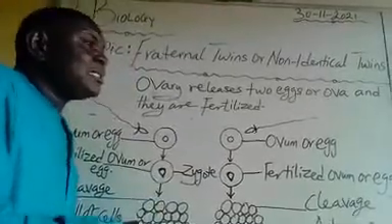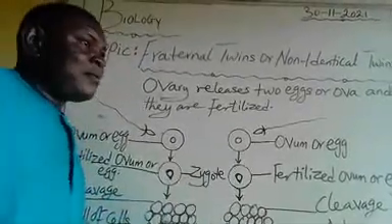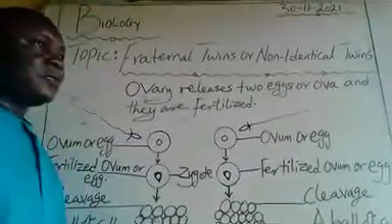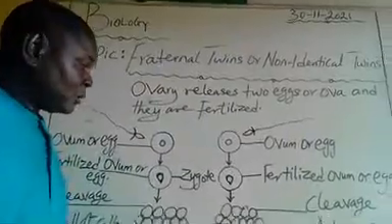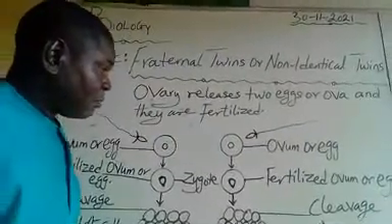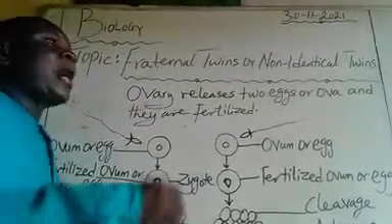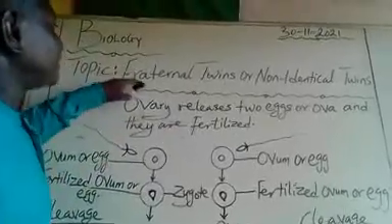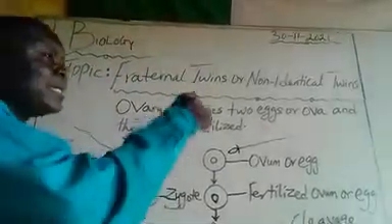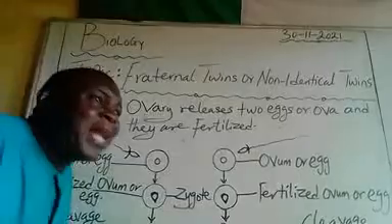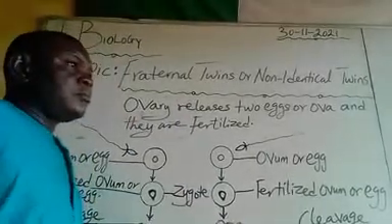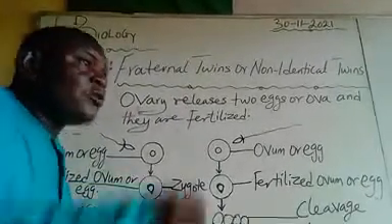In terms of genetic characteristics, they are different. Twins that are different are called fraternal twins or non-identical twins. They are not identical. They look different.